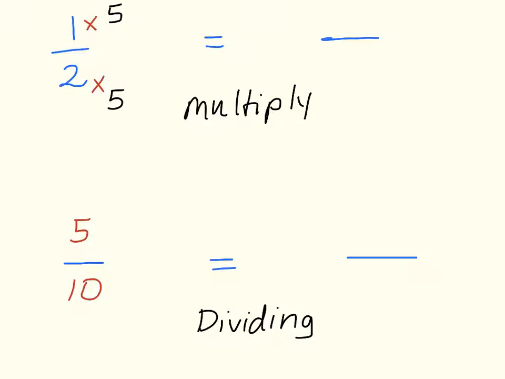And notice I use the same values. 1 times 5 gives me 5. 2 times 5 gives me 10. So therefore, 1/2 is equivalent to 5/10.